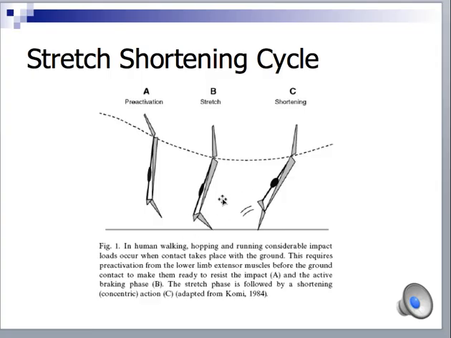And then without a pause, and that's an important factor, there's no pause. If that stretch or eccentric contraction is immediately followed by a concentric contraction, that's called a stretch shortening cycle. So basically it's pre-activation followed by a stretch with load, and that's followed immediately by a shortening.